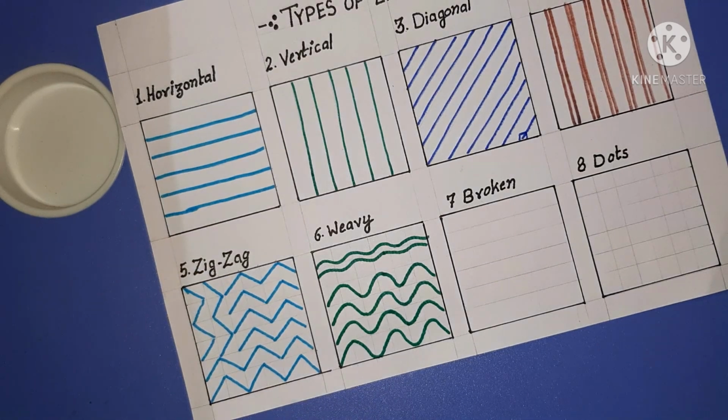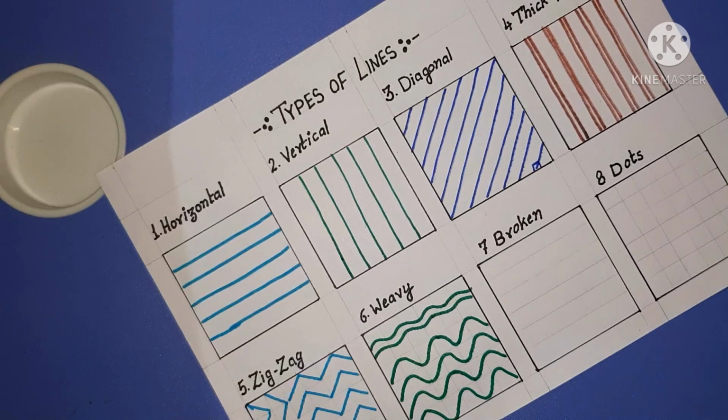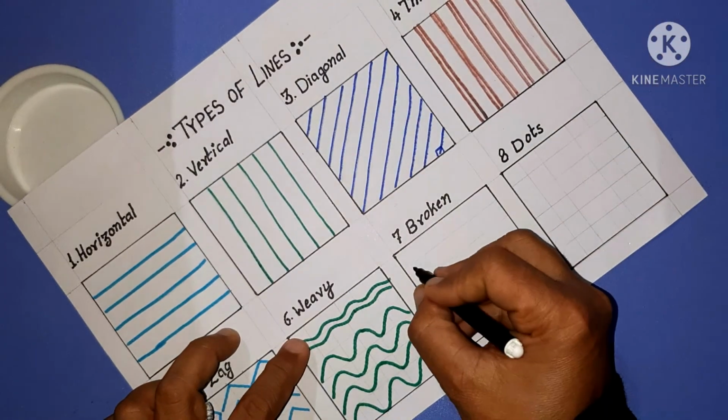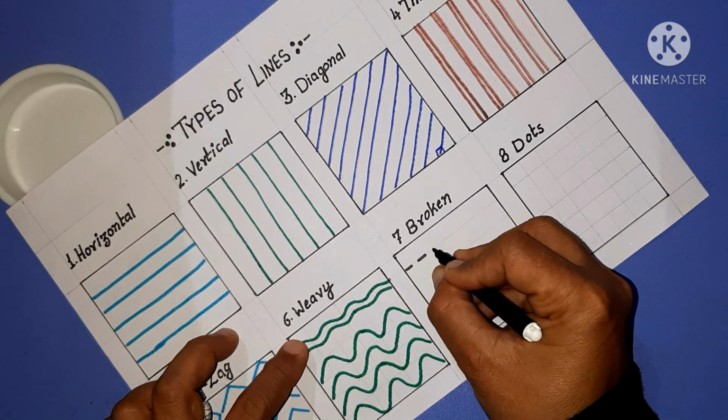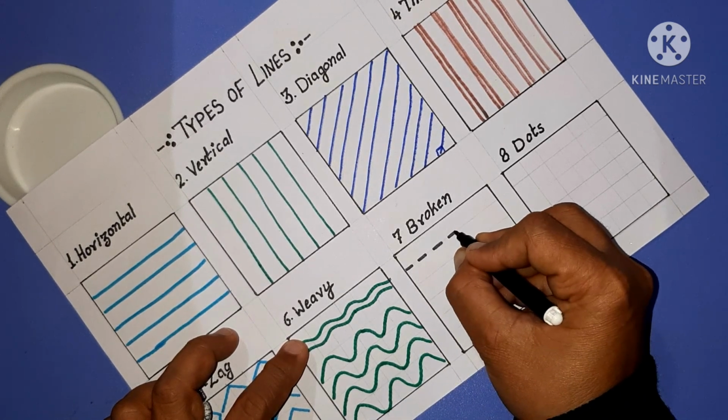Now next is the broken line. Broken line has no impact generally, but it all depends upon how many breaks are there in the particular line.